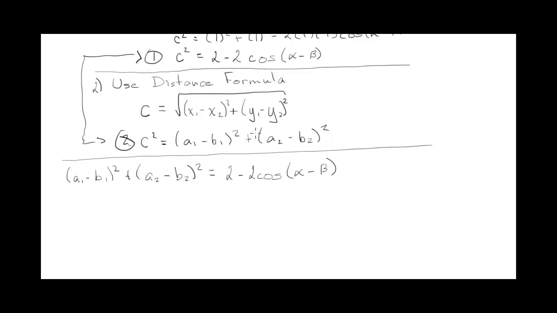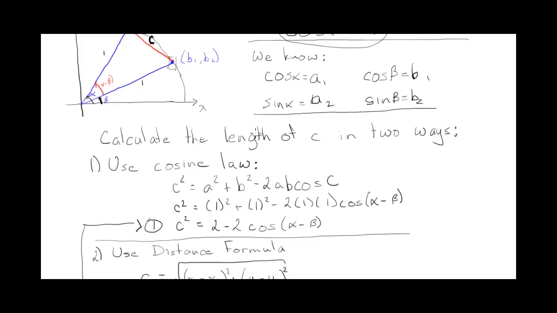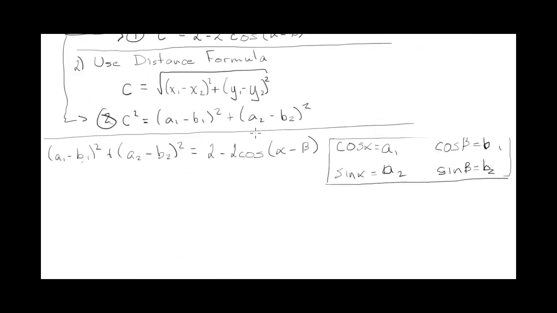However, this is in terms of these points a1, a2, b1, b2. I'm going to make a substitution. I'm going to take these values, remember, I had these values here, and substitute them in for a1, a2, b1, b2. So a1 is equal to cos alpha.